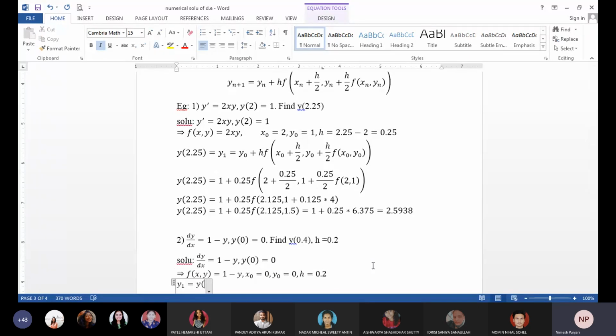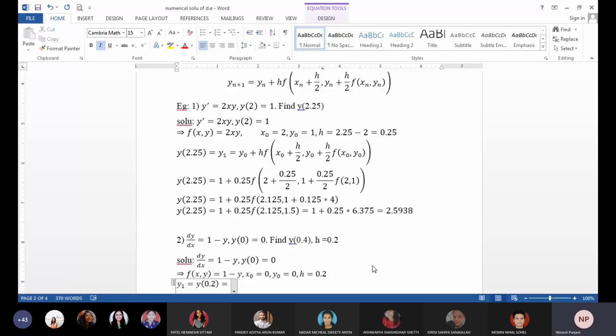y1, that is y of 0.2. Okay, the final answer we have to calculate is y2. But to calculate y2 we will require y1 because it's an iterative method.